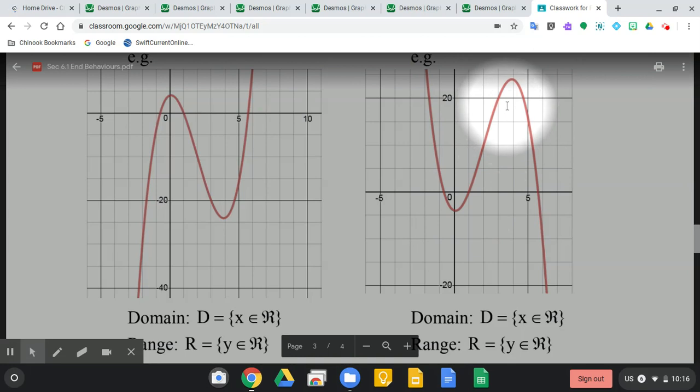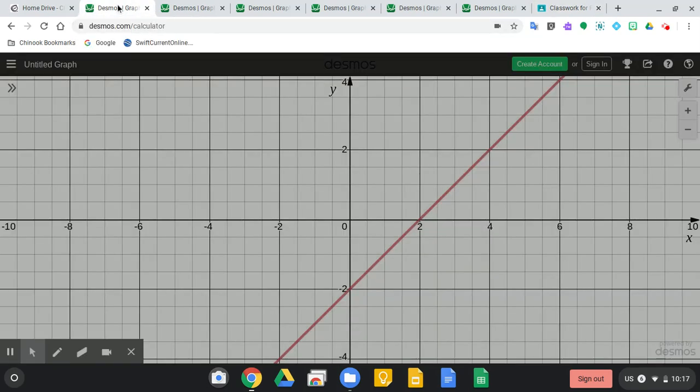Now, let's talk about our end behaviors. I'm going to move back up to our lines again, and I'm actually going to go to our Desmos graphs. If I look at this graph, here's my origin. As I move from left to right, the first time I see the graph is right here, which is in quadrant 3.